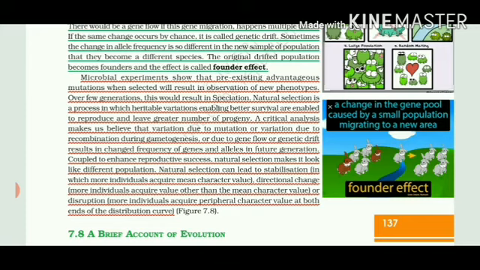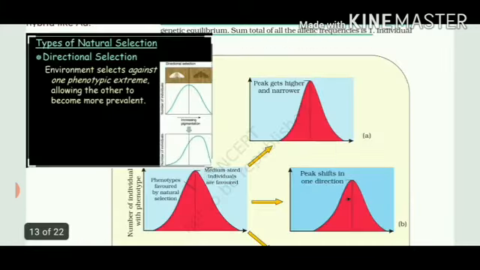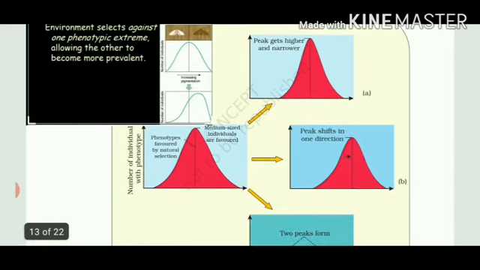Number one, when the generations become stabilized. If I start from the middle one, the number of individuals with a phenotype is shown on the y-axis, and by natural selection, medium-sized individuals are favored. Neither the small nor the taller individuals are favored, only the medium-sized.